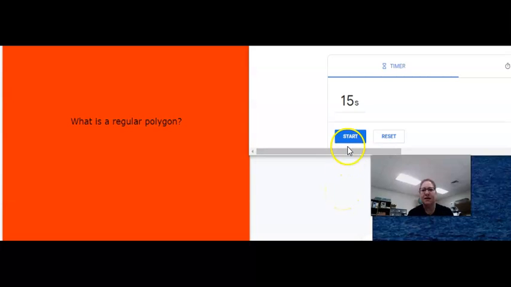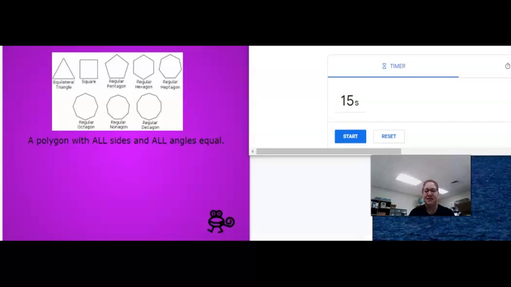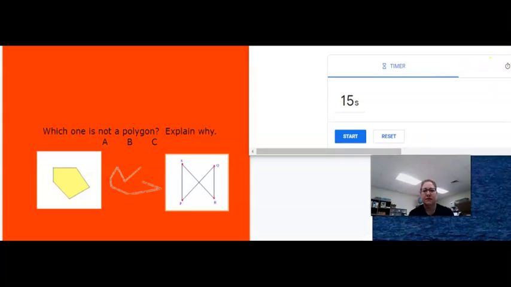What is a regular polygon? What makes up a regular polygon? Did you say equilateral and equiangular? All sides and all angles are equal. Good job. All right, 2 of these are not polygons.